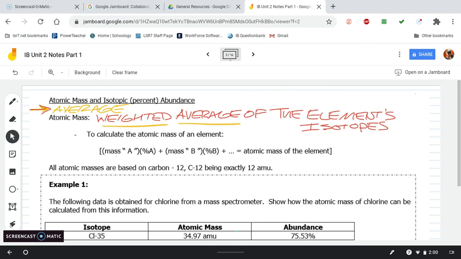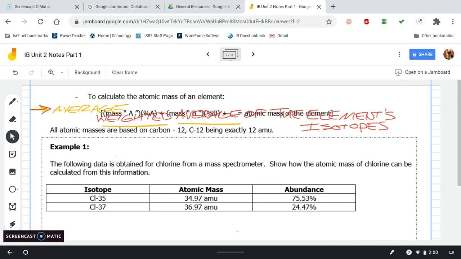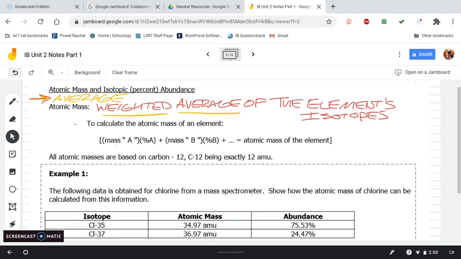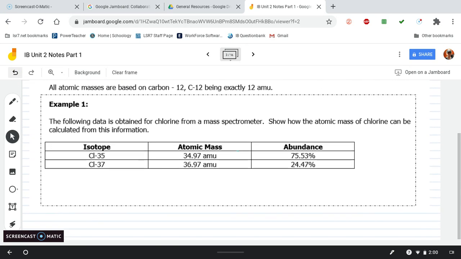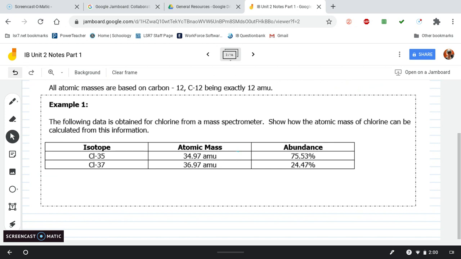So let me show you how to do that here. All right, there's example one. So right here, it said that all of the masses on the periodic table are based on the concept that carbon is 12. You don't need to know that. It's just kind of something hanging out there.